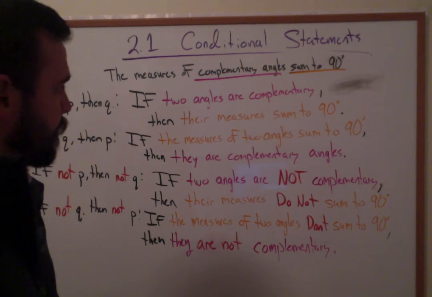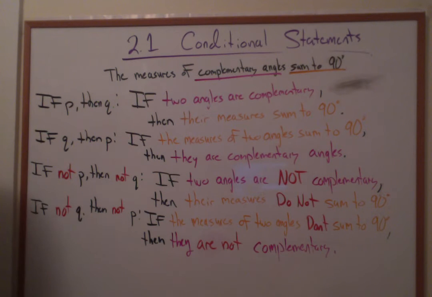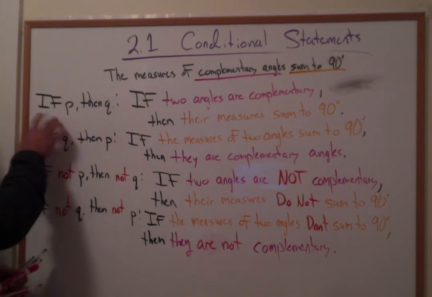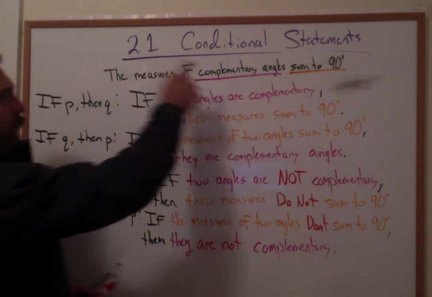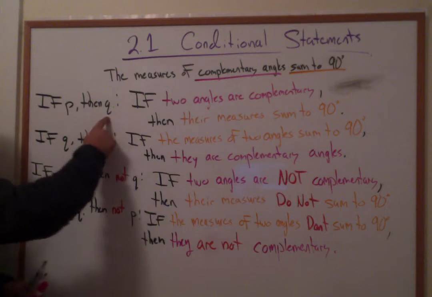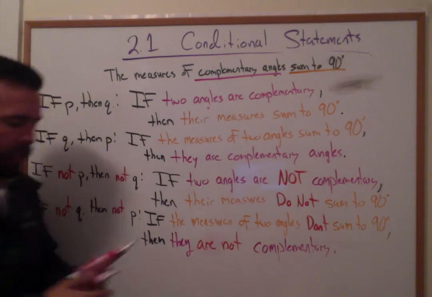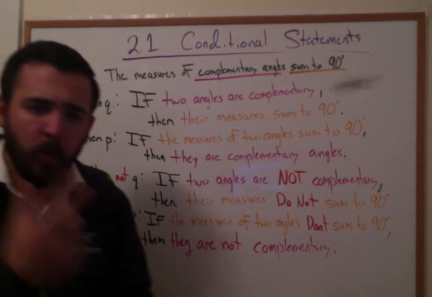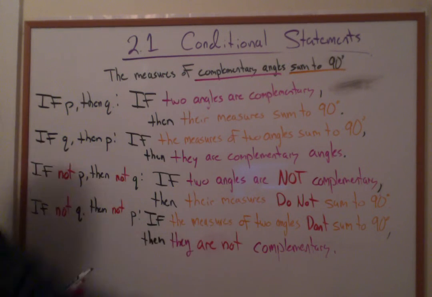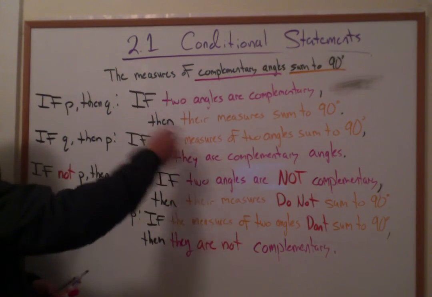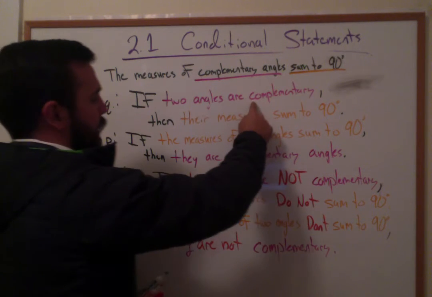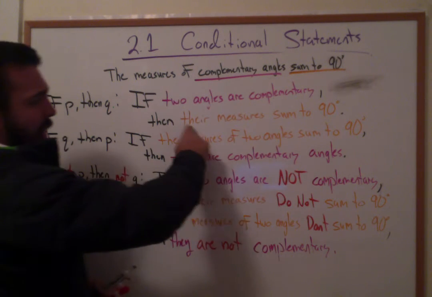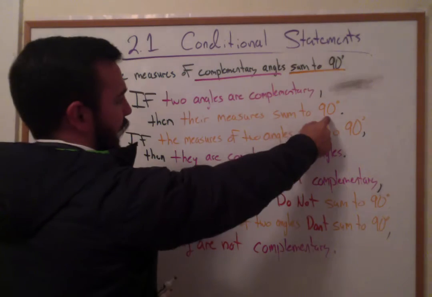So the conditional statement is in the form of if P, then Q, where P is just whatever the hypothesis is, Q, whatever the conclusion is. Now, sometimes we have to reword these a little bit. So, our conditional statement here is if two angles are complementary, then their measures sum to 90 degrees.